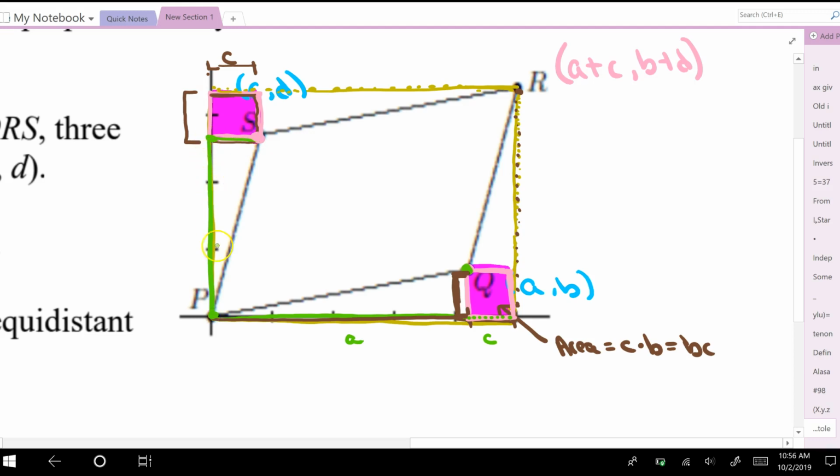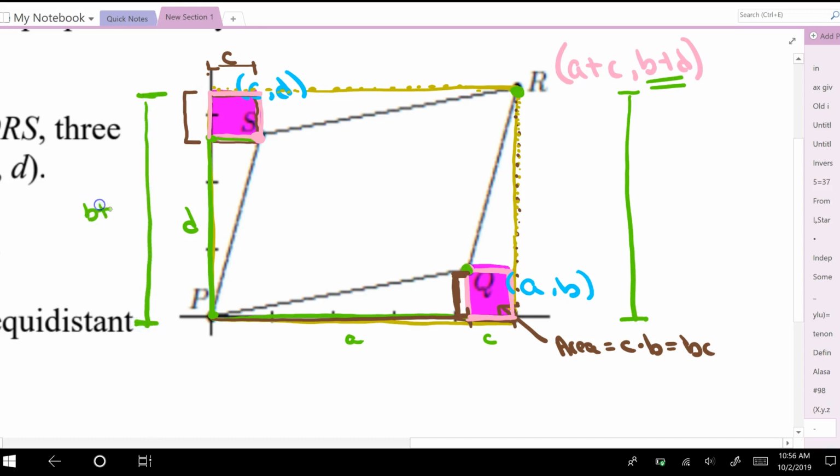What is that distance? That distance is D, agreed? And because we know, look at that, if B plus D is the vertical distance up from R, that means B plus D has to also be here.